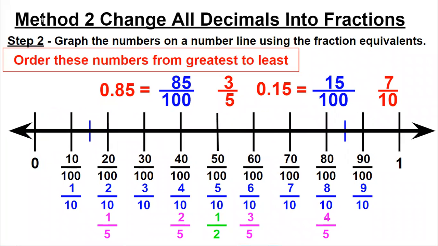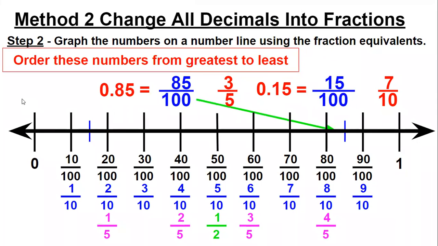Okay, so now we can put our numbers in the right spot. So 85 hundredths is in between 80 hundredths and 90 hundredths, right in the middle there. 3/5, well, we've got that labeled for us in the pink. So 3/5 is right there. It's the same as 60 over 100, or 6/10.